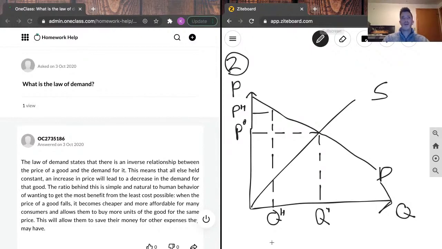So maybe I'll make up an example out of thin air. Typically a snowblower is $300, and at this price, $300, we are in equilibrium, and they're selling 30 units, 30 snowblowers when it's $300.